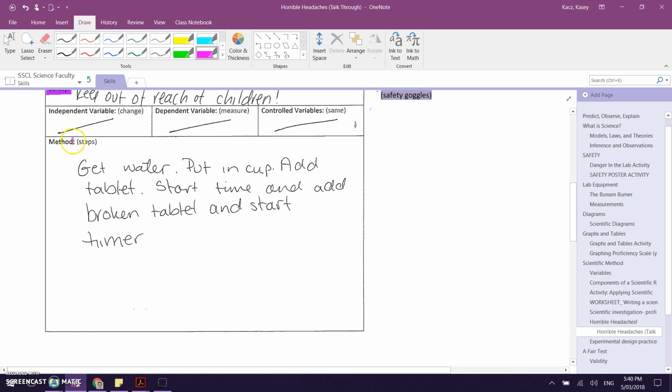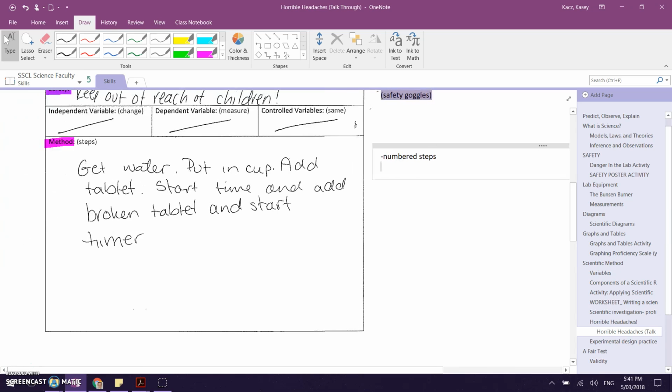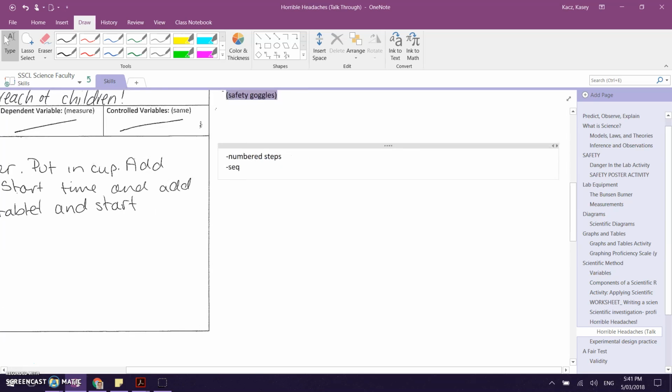The next section that I'm going to speak about is the method. So the experimental method, like the scientific diagram, has some very specific rules about it. The first one is it should be in numbered steps. And when you are writing your method, it needs to be in order. So a word for that is sequential.